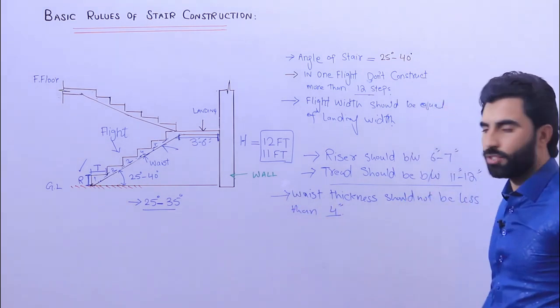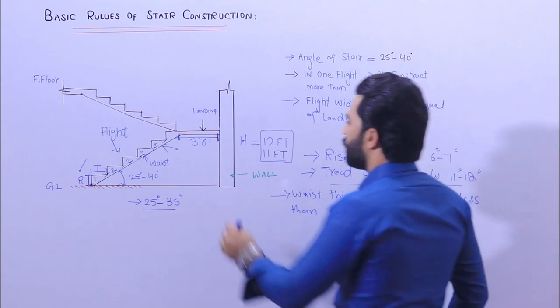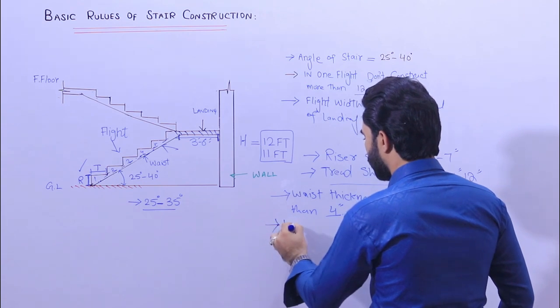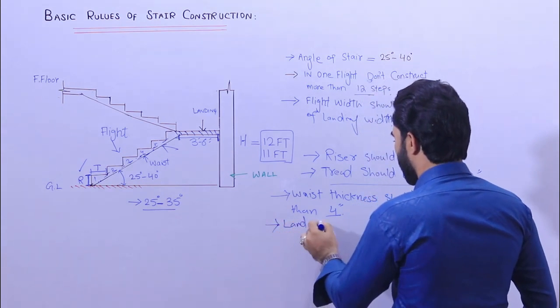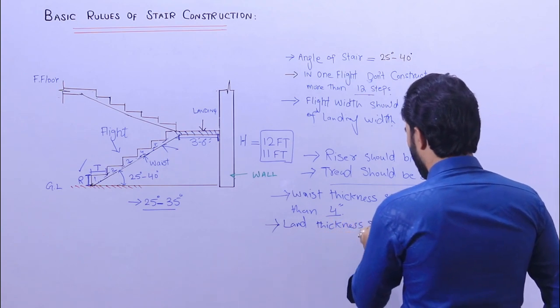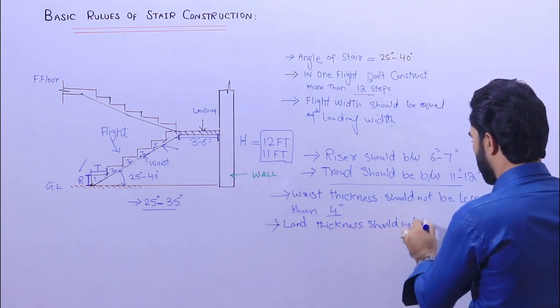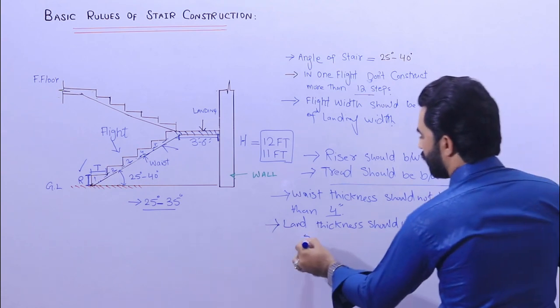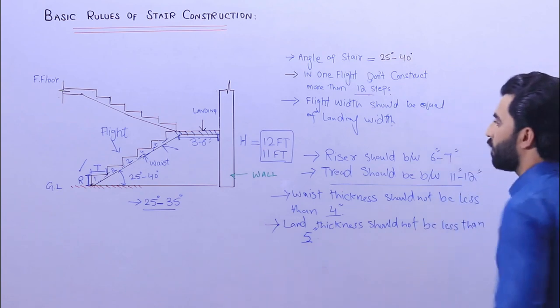You can keep up to 4 inches. Next guys, you can see here this landing. The landing thickness should not be less than 5 inches. This is also very important.